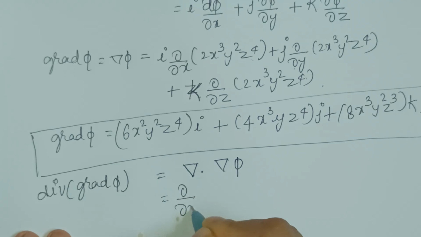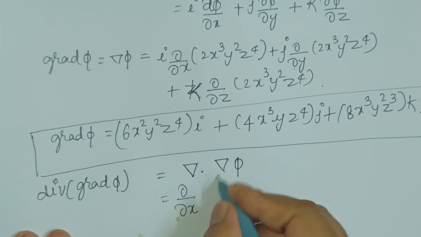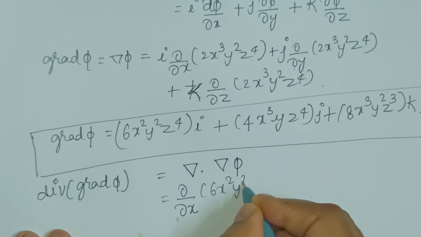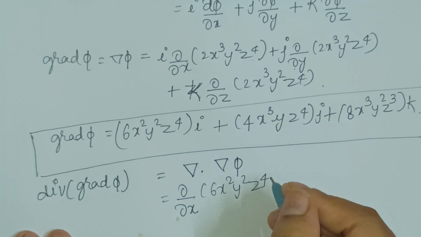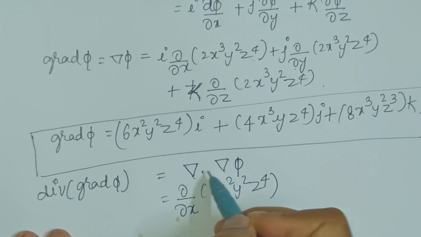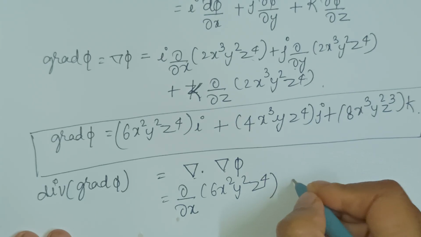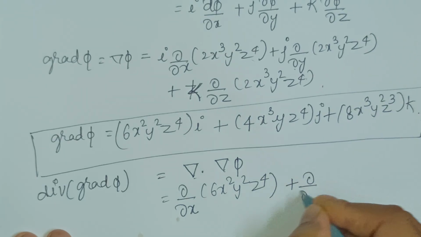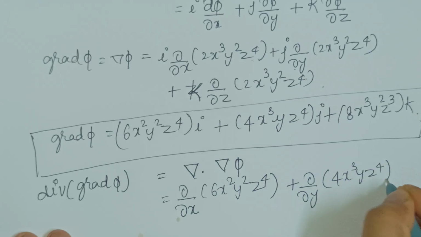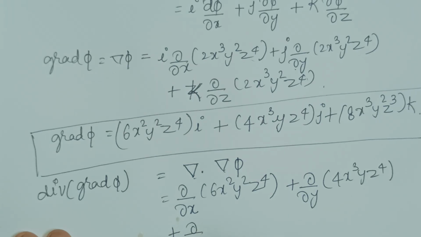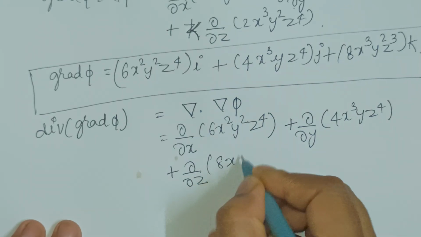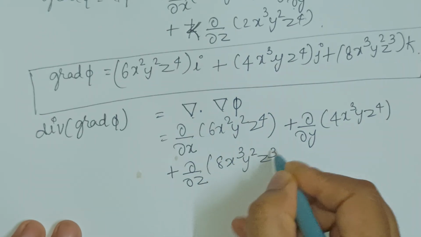Dou by dou x of 6x square y square z to the power 4, and i will get cancelled, that is i into i is 1, right? Plus dou by dou y of 4x cube y z to the power 4, plus dou by dou z of 8x cube y square z cube.